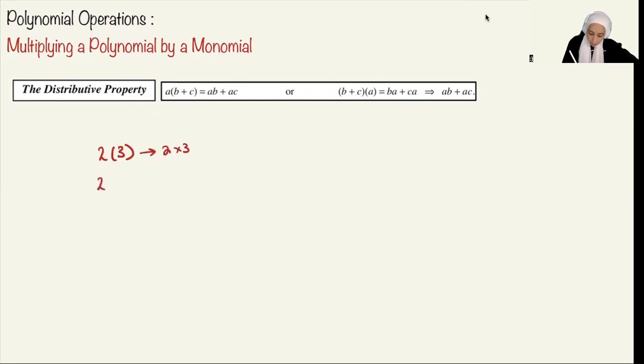And if I have 2x, then this means that I'm multiplying 2 by x. And let's look at another example. If I have xy, then this means that I'm multiplying these two variables, x multiplied by y. And remember, multiplication could either be an x like that, or it could be a big dot in between them.